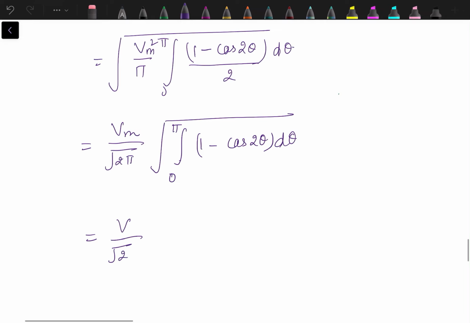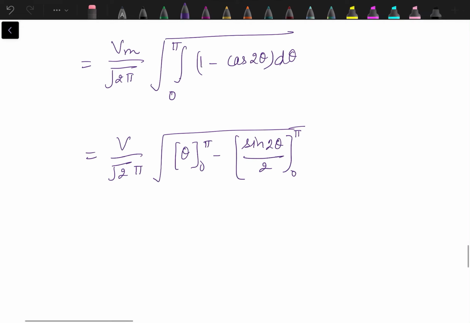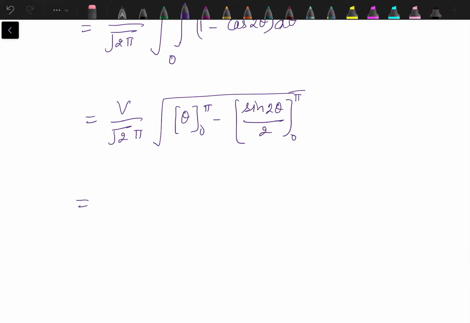Vm by root 2 pi, so it's theta. Integration of cos 2 theta is sine 2 theta by 2. Limits from 0 to pi. Vm by root 2 pi, pi minus 0.